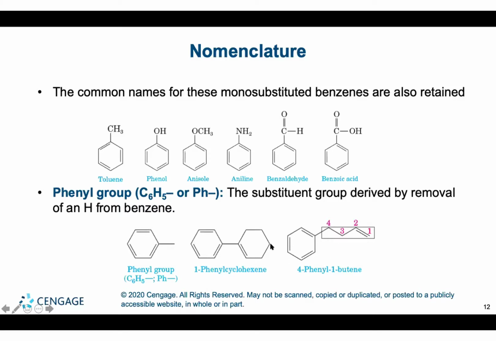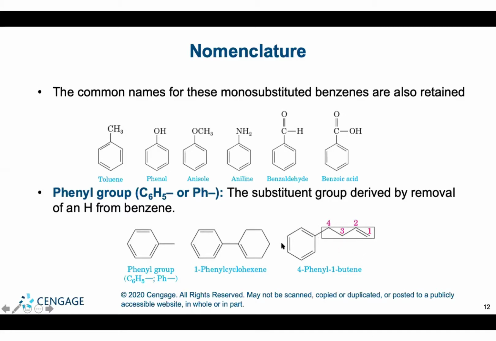Why? Because this benzene is now a substituent or branch of the longest chain of carbon that we found. This is called a phenyl group. So whenever I want to name this, it's going to be a butene, the longest chain.